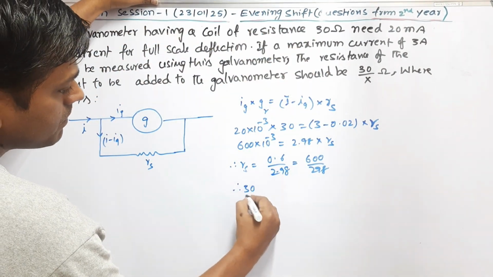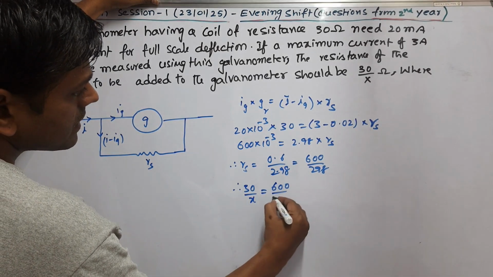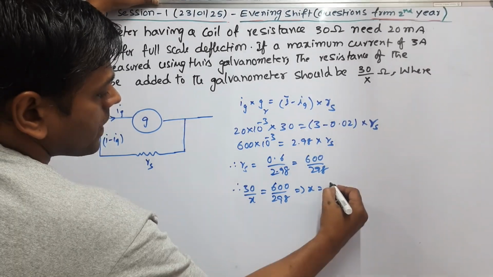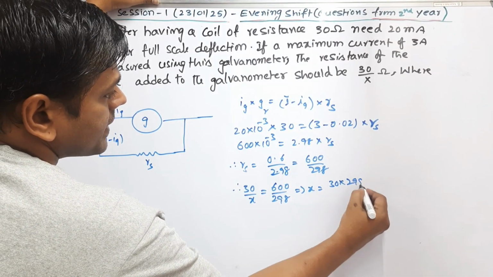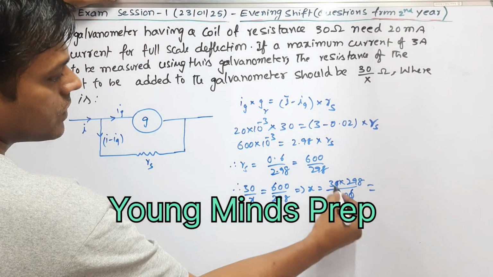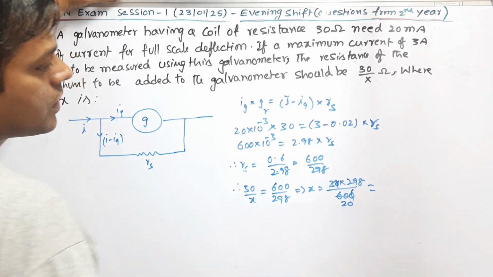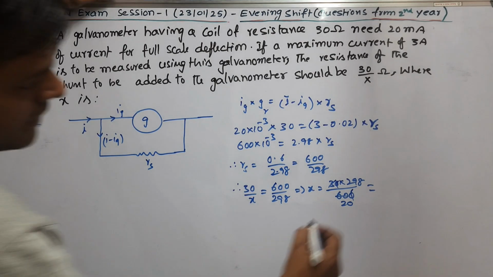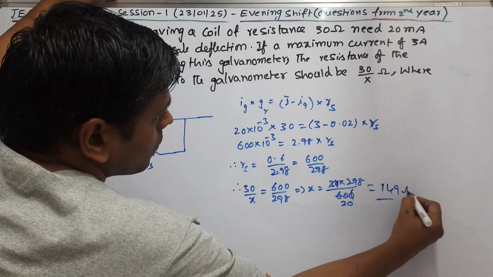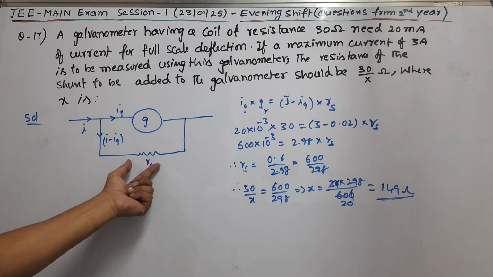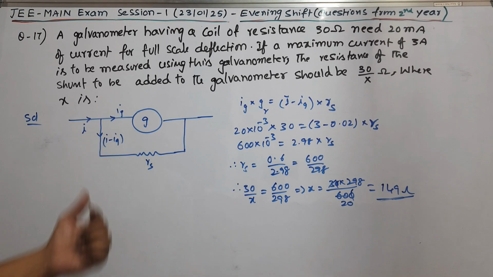Therefore, 30 by x is equal to 600 by 298, which implies x is equal to 30 into 298 by 600. When you solve this, the value is approximately 14.9 ohms. So, this much resistance is to be connected in parallel to the galvanometer, and then it is converted into an ammeter.